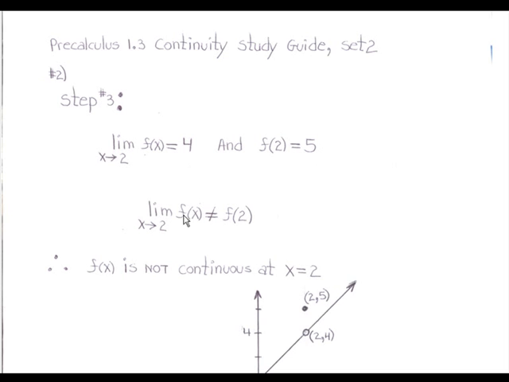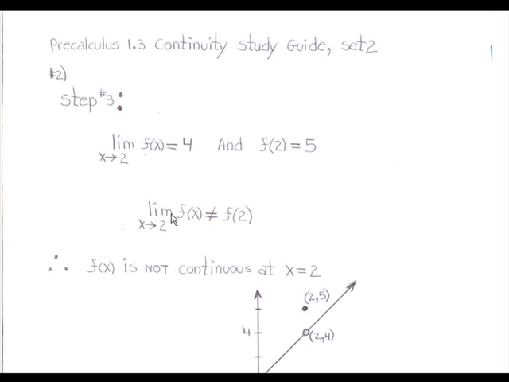Well, in this case, the limit of f of x as x becomes increasingly closer to 2 is not equal to f of 2, where it's defined to be 5, because 4 is not equal to 5. So as a result of that analysis, we can now say that f of x is not continuous at x equals 2. So it fails the third check. So this shows us that since the limit is not equal to where the function is defined, the function is discontinuous at x equals 2.